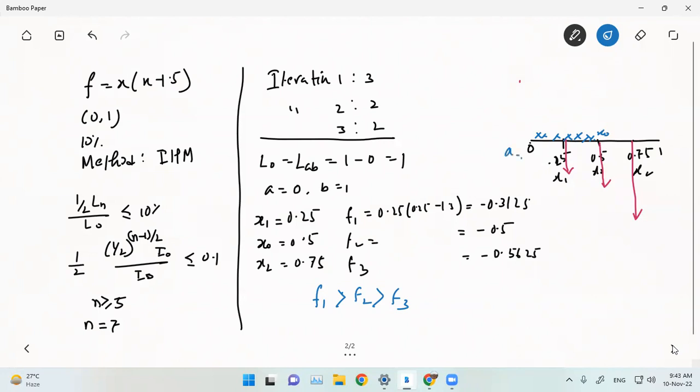So this was your A, this is your B. So the new interval is 0.5 to 1. And in the middle, x0 is already there.